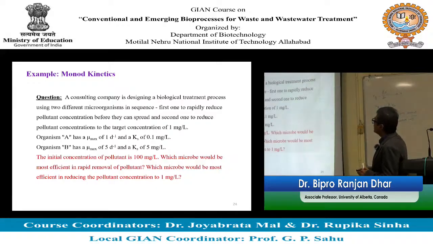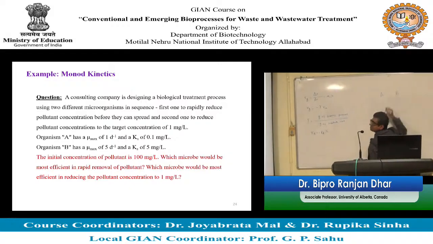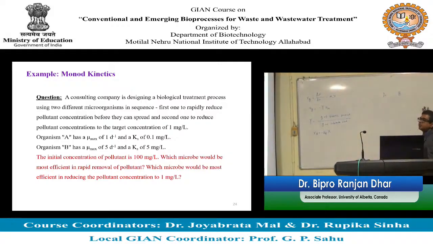So we have two types of microbes, A and B. Mu max for A is 1 per day and Ks value is 0.1, and microorganism B has mu max of 5 per day and Ks value of 5 milligram per liter, and the initial concentration of pollutant is 100 milligram per liter. So now what I am saying here, you have A and B and you want to design a two-step process.